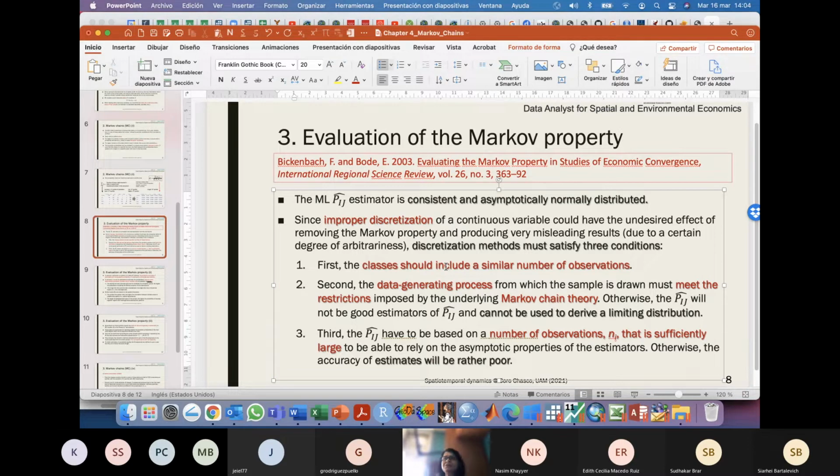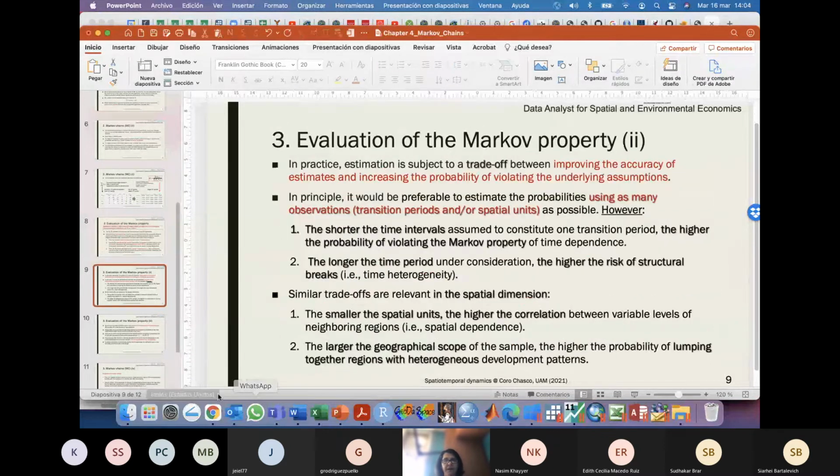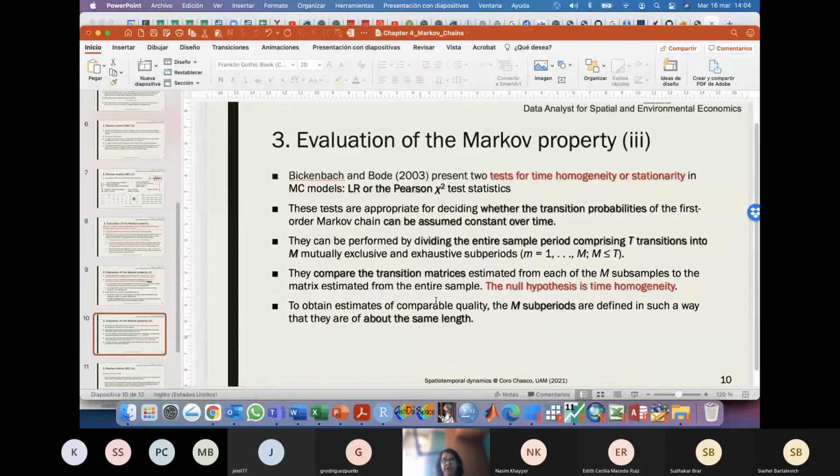So we want to be so explicit, so detailed, that I'm losing the properties that I'm supposing in the Markov chains theoretical issues. But we had this test available.